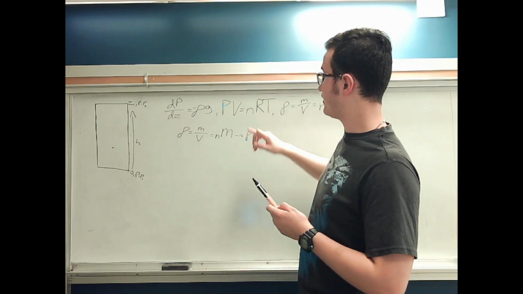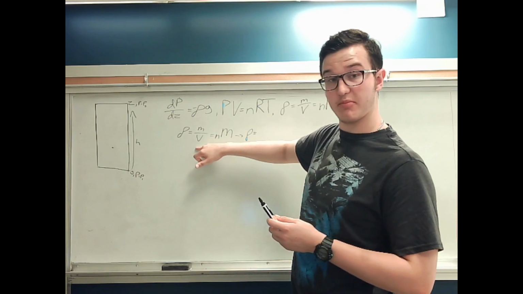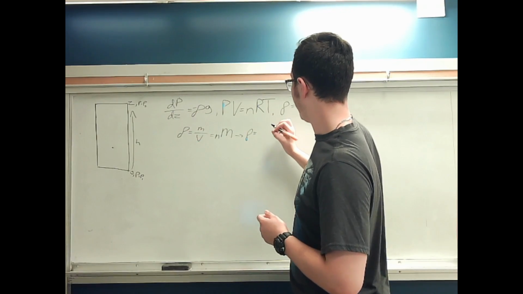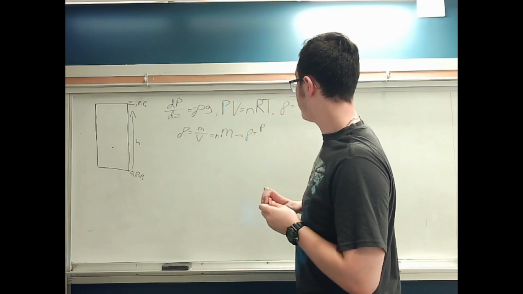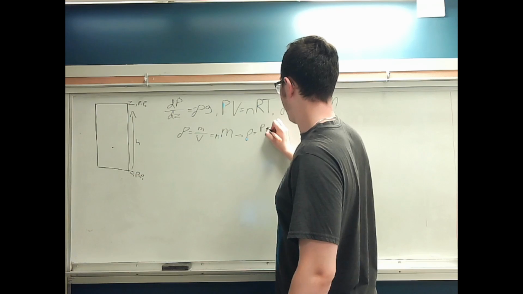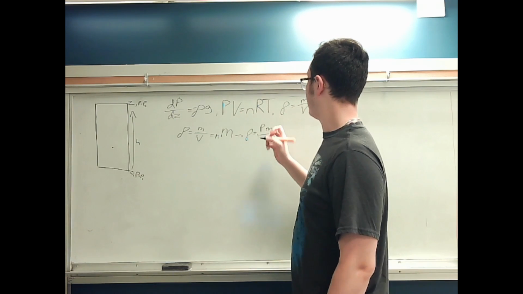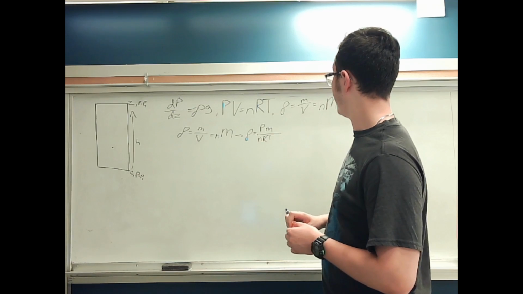So V is equal to nRT divided by pressure, and since this is on the bottom, it flips. So we'll have pressure times M over nRT.